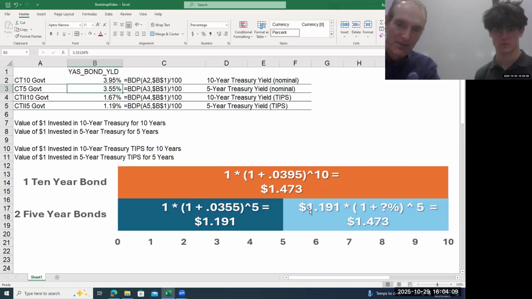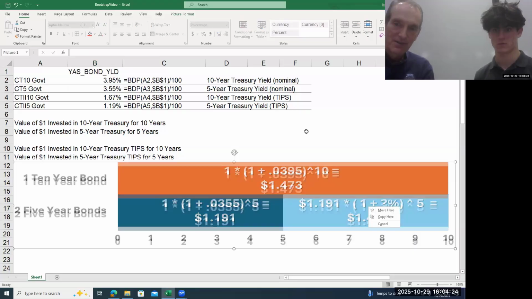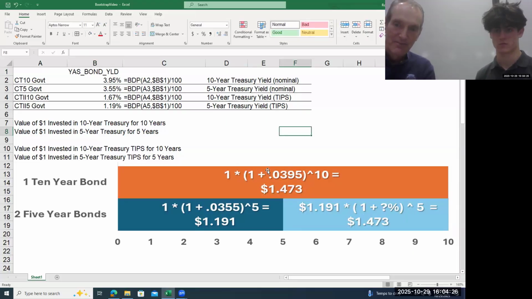If we take that 5-year maturity, 1.191, and invest it at some interest rate for 5 years, we should have the same return as we had with the 10-year to be indifferent between the two. So what does this rate have to be so that we get the same return between the 10-year and the two 5 years? And as you were saying, this has to be much higher than the 3.95 if we only made 3.55 for 5 years.